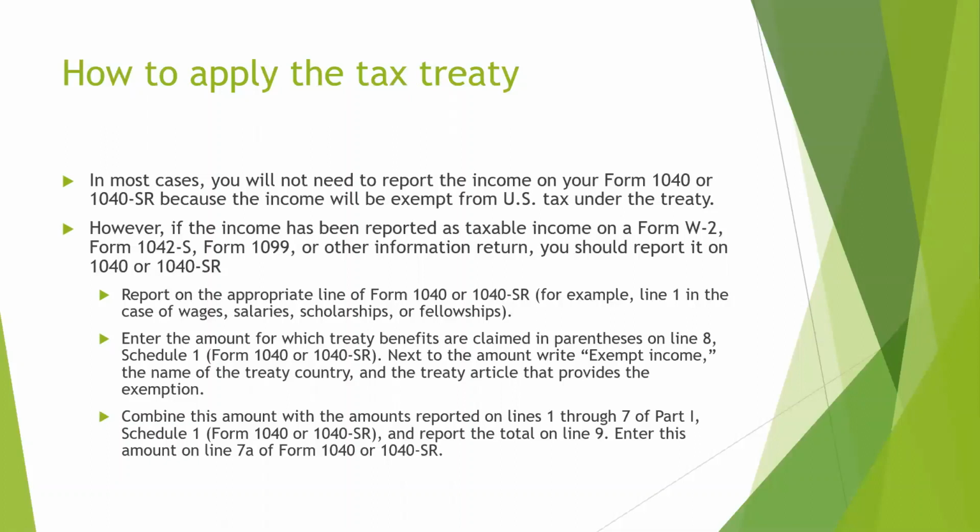Next to the amount, write exempt income, the name of the treaty country, and the treaty article that provides the exemption. Finally, you combine this amount with amounts reported on lines 1 through 7 in Part 1, Schedule 1, and report the total on line 9. Enter this amount on line 7A of Form 1040 or 1040-SR.